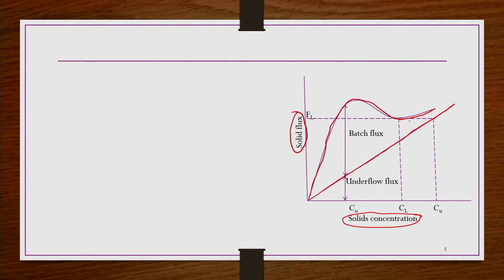So, now you can see there is a region where the flux is minimum. The solid flux corresponding to this minimum location is known as FL, the solid flux of the rate limiting layer, whichever we have considered, and the corresponding concentration is CL.